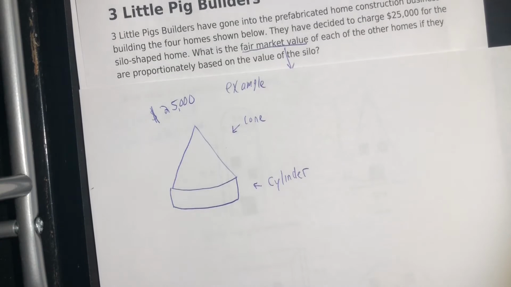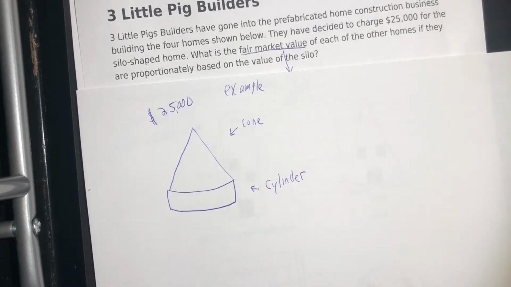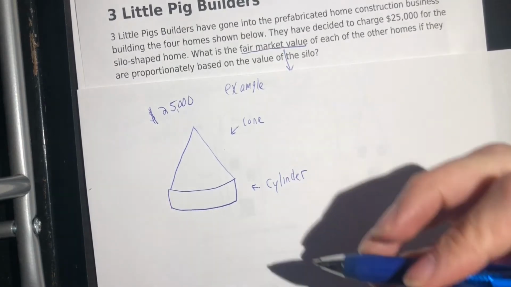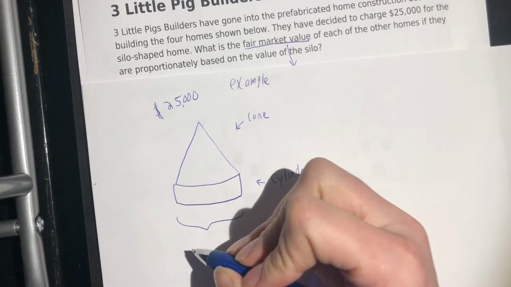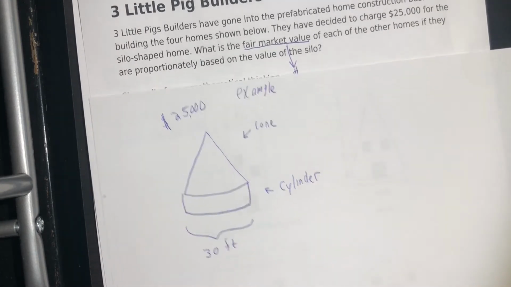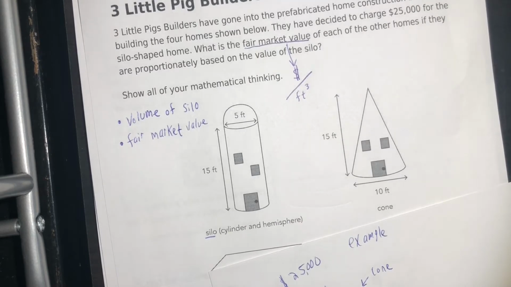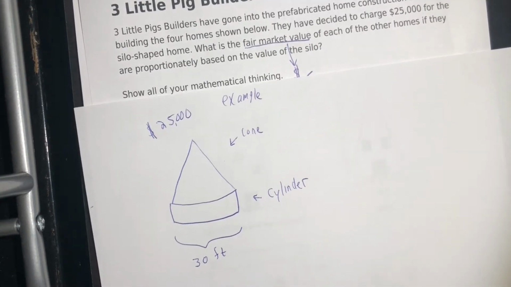And let's see, I think of reasonable dimensions. Let's say that this cylinder is like 30 feet wide. Now notice, these houses are a lot smaller, 5 feet wide. So we'll probably get a much different answer than you will on the other paper.